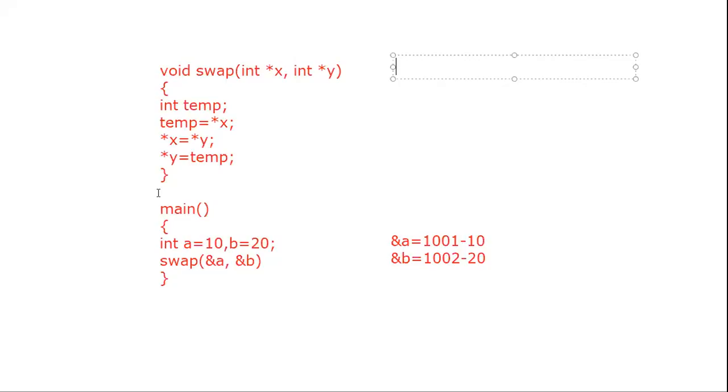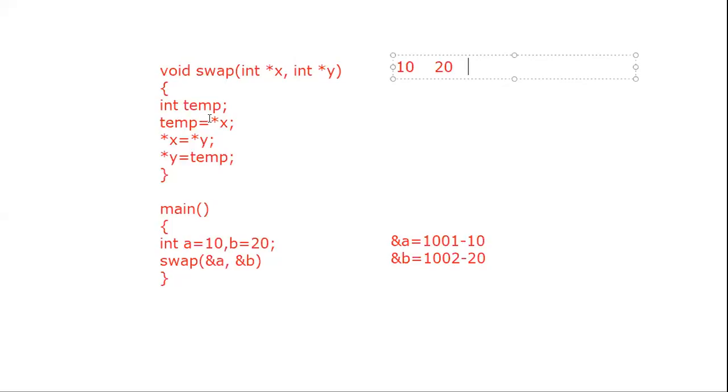So when we use *x, it directly points to that memory location, and at that location we get the value 10. Next we get the value 20, and then we perform the interchange operation.